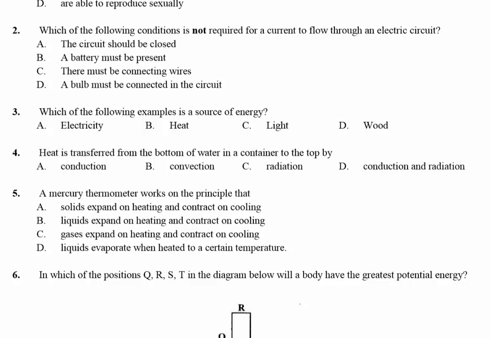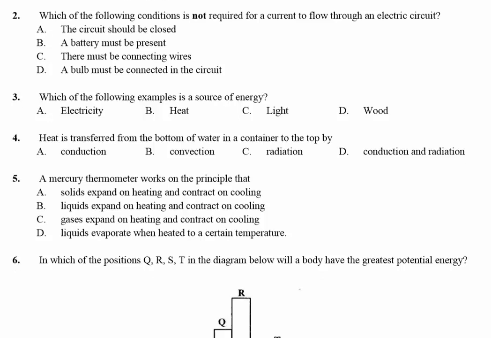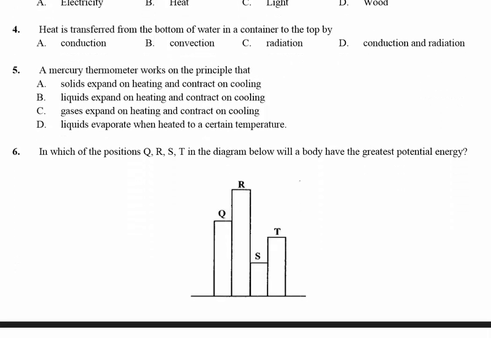Question 5. A mercury thermometer works on the principle that liquid expands on heating and contracts on cooling. That is C.